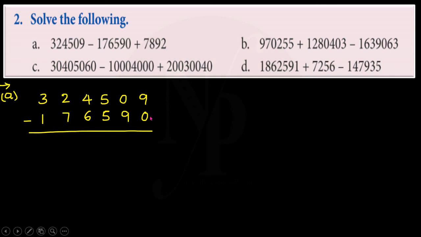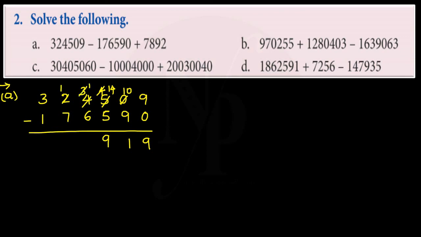Let us subtract now. Subtracting 0 from 9 you get 9, and for subtracting 9 from 0 you need to regroup, make it 4, and this will be 10. Subtracting 9 from 10 you get 1, and subtracting 5 from 4 is not possible, we have to regroup. This will become 3 and this will be 14. Subtracting 5 from 14 you get 9, and again you need to regroup here.